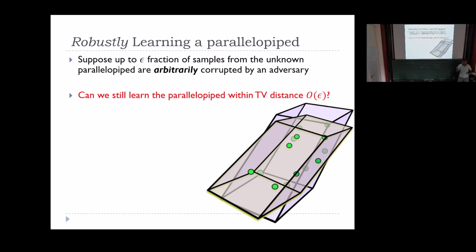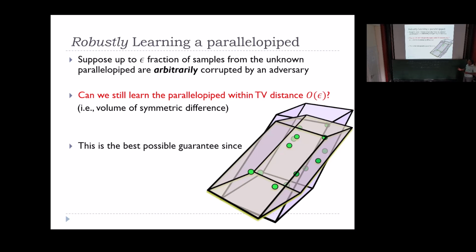Okay? So this is possible, the TV distance guarantee. The question is, can it be done efficiently? So you see, the flavor is you're taking an arbitrary perturbation of the parallelepiped and you still want to recover. This is, of course, the best possible guarantee because you can't do better than epsilon TV distance since epsilon is being changed. So that's the question.